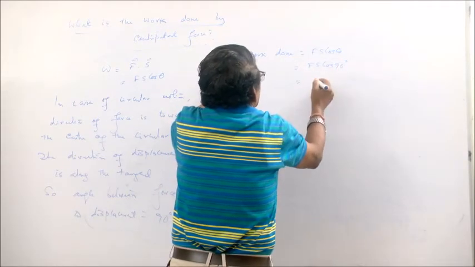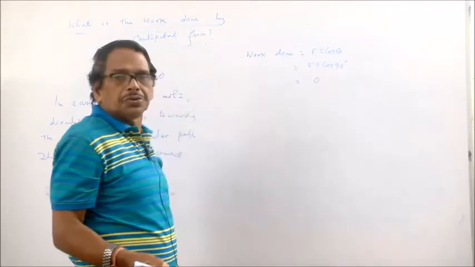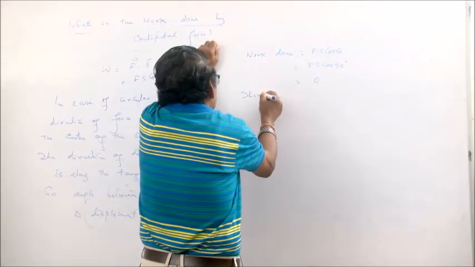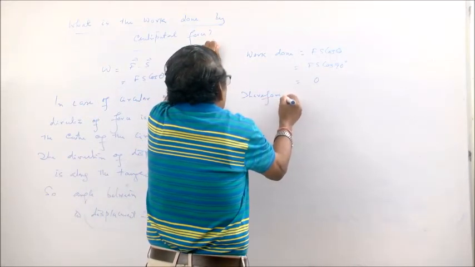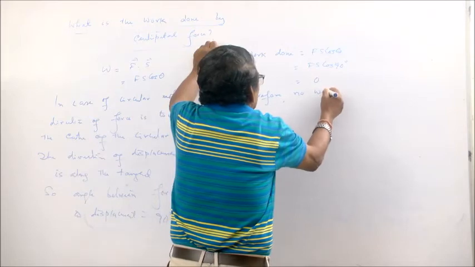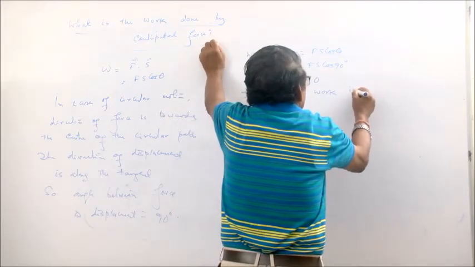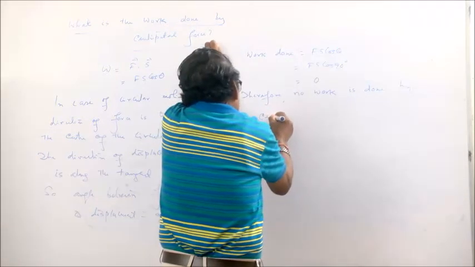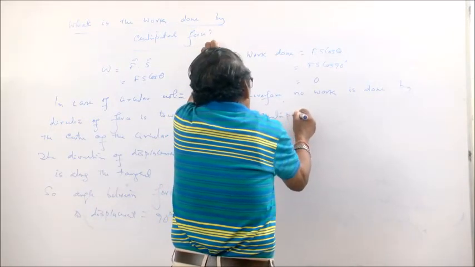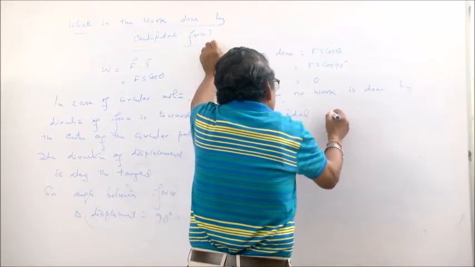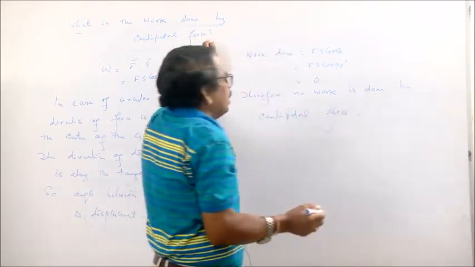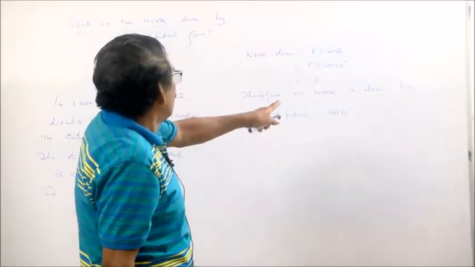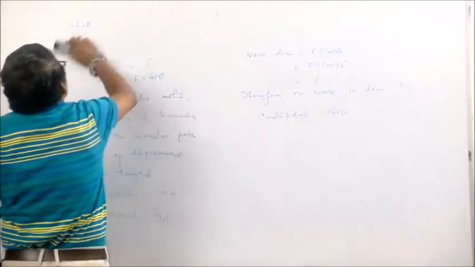What is cos 90? Cos 90 is 0. So, work done is equal to 0. Therefore, no work is done by centripetal force. Remember this: no work is done by centripetal force.